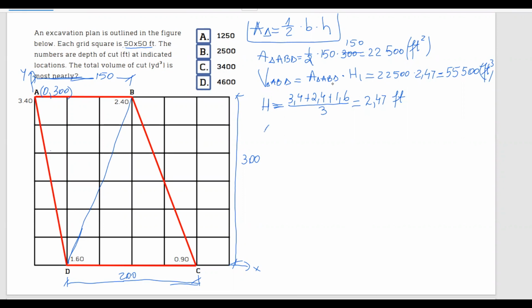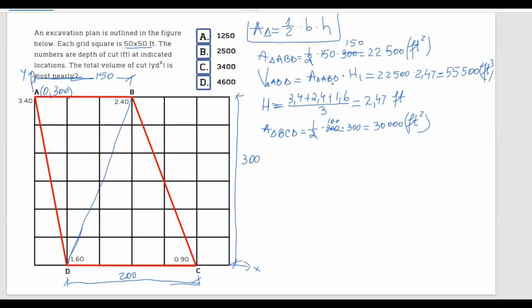Let's calculate the area of our second triangle, BCD. Again, 1 over 2 multiplied by B, which is 200, multiplied by H, which is 300. This gives me an area equal to 30,000 feet squared.